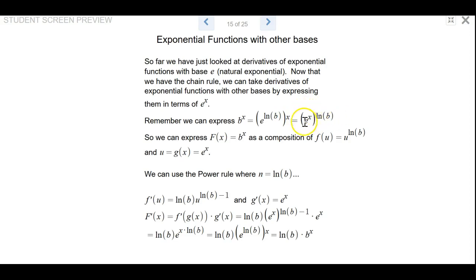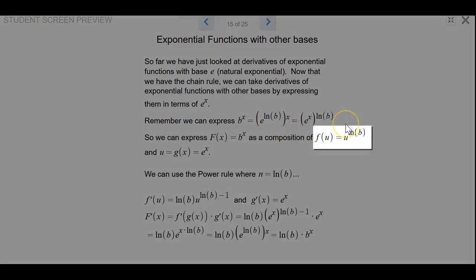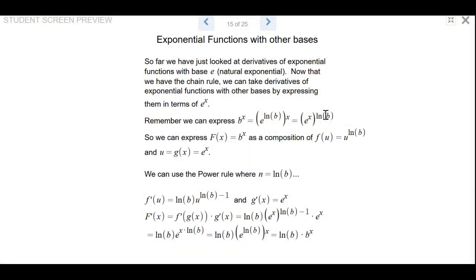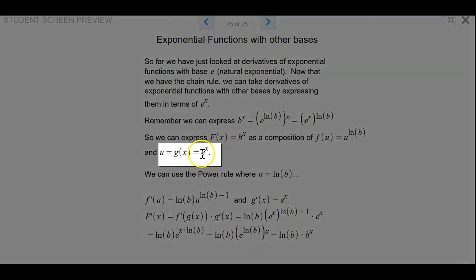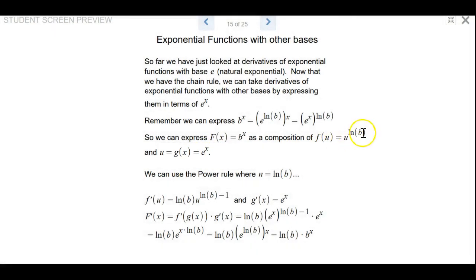So now I can look at this as a composite function. My outside function is u raised to the ln of b, and my inside function's e to the x. This is just a power function with the power equal to ln of b. Remember, that's a constant, so it's like n is equal to ln of b.